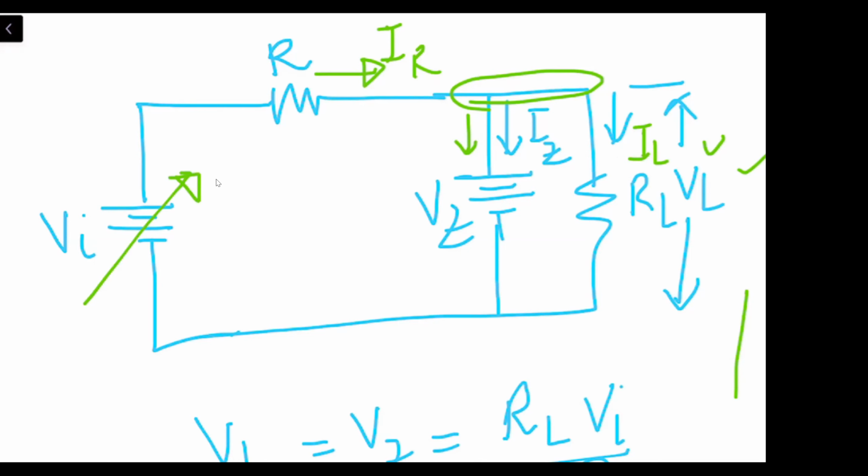When we are increasing or decreasing the value of Vi, the current IR will change respectively. Are you with me?